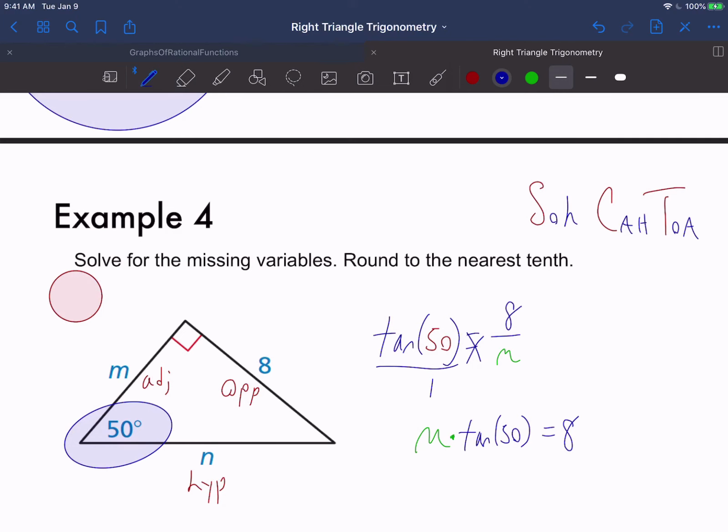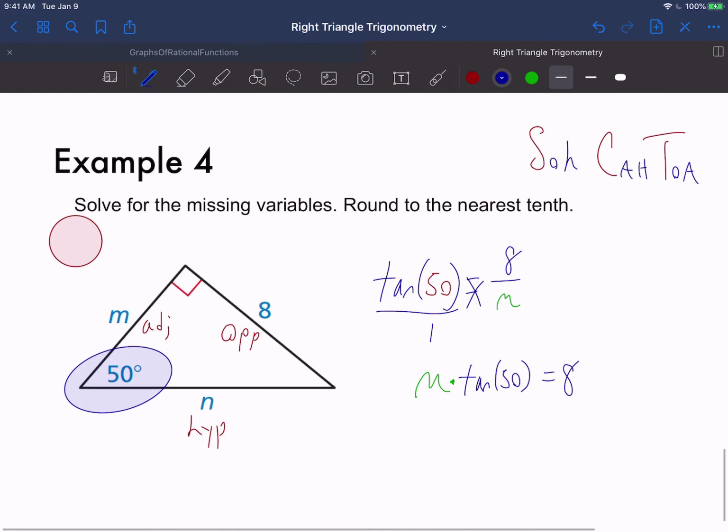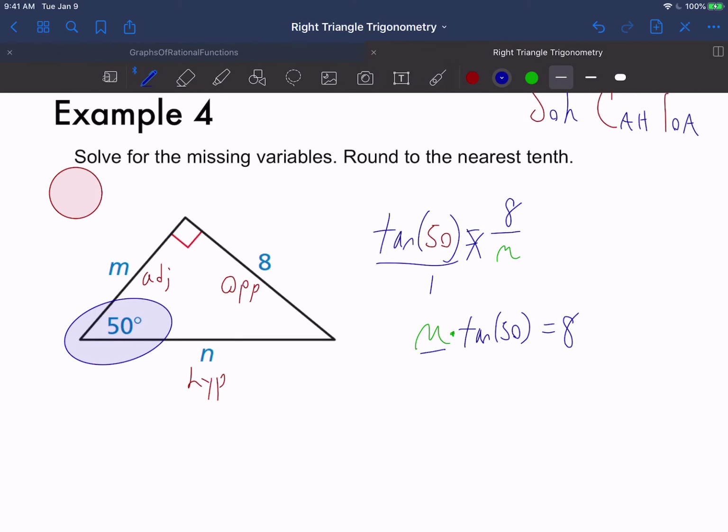That tangent of 50 degrees is a number, right? So I need to solve for M. I need that by itself. If it's M times tangent of 50, I divide both sides by tan 50. Tan 50 is a number.